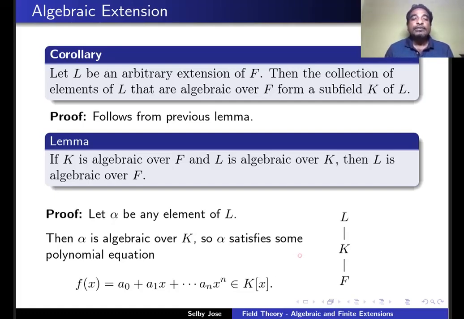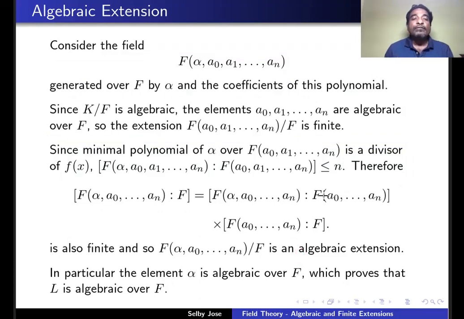Let us consider the field F(alpha, a0, a1, a2, ..., an), which is generated over F by alpha and the coefficients of this polynomial. So we can treat f(x) as a polynomial over F(a0, a1, ..., an).